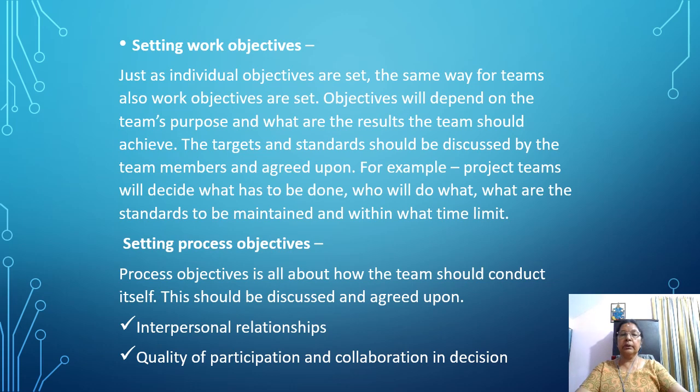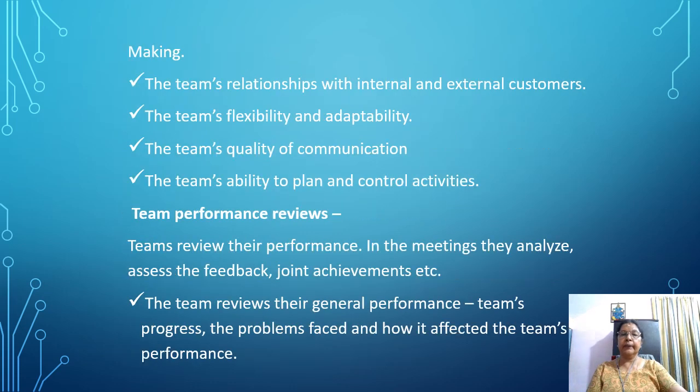Then, next is the process objectives. That is also something which the team members have to discuss and agree upon. How are their interpersonal relationships going to be among the team members? What will be the quality of participation and collaboration of the team members, especially in decision making?